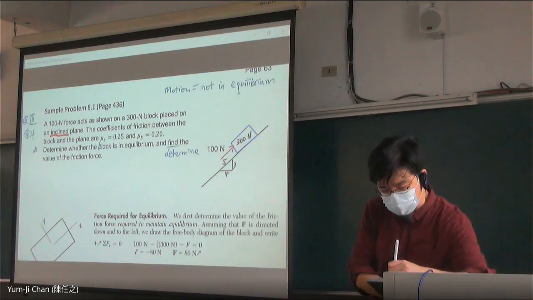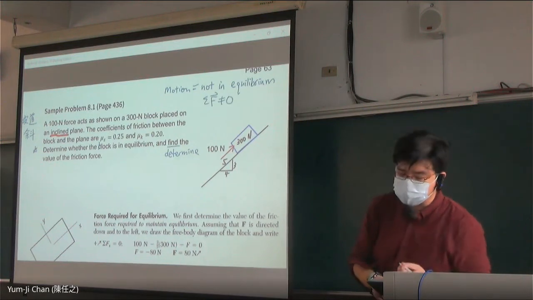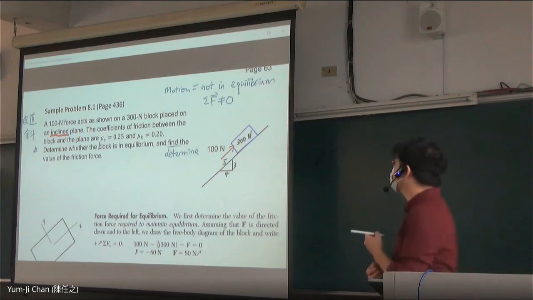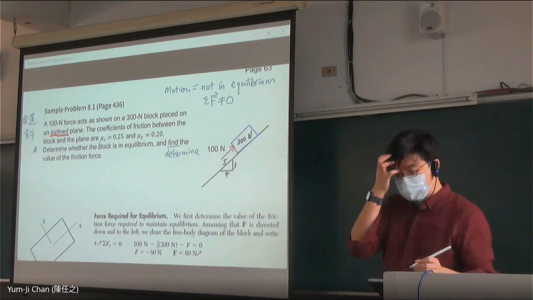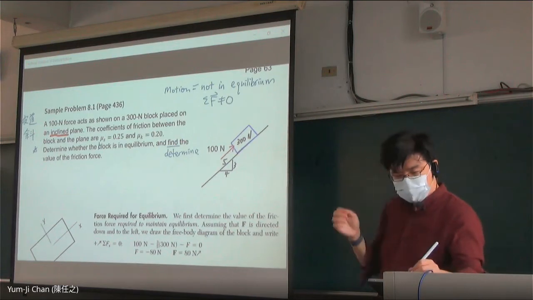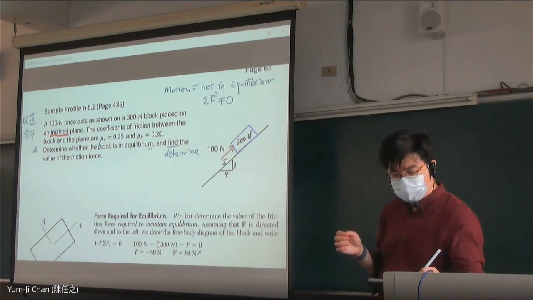Not in equilibrium means summation F does not equal 0. And of course, in equilibrium means summation F is equal to 0.